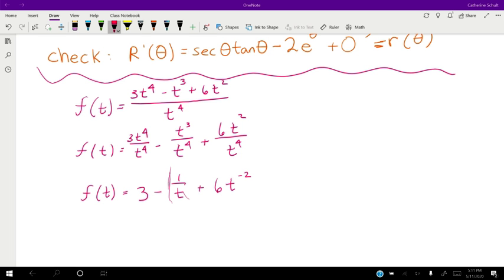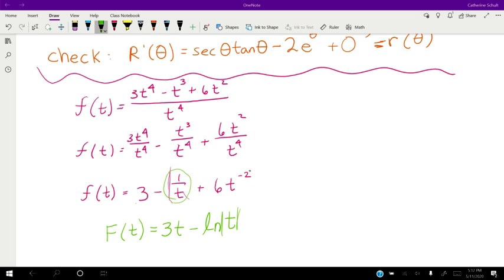Okay, so now we are ready to find the antiderivative. So we have to think, what function has the derivative 3? That will be 3t. The derivative of 3t is 3. All right, and then here's 1 over t. What function has the derivative 1 over t? Well, that's the natural logarithm. And then you can throw in those absolute value signs if you'd like.